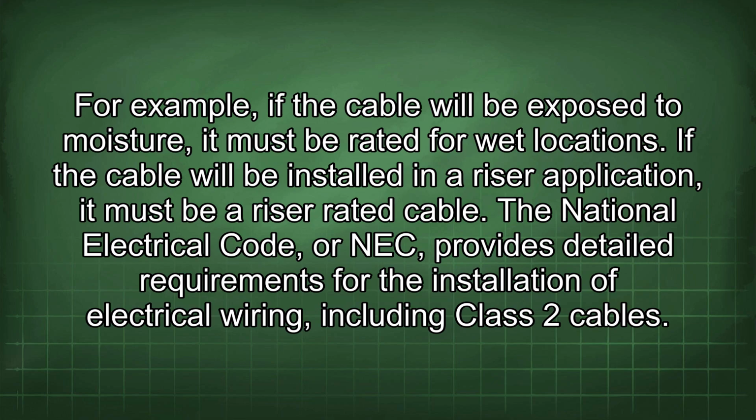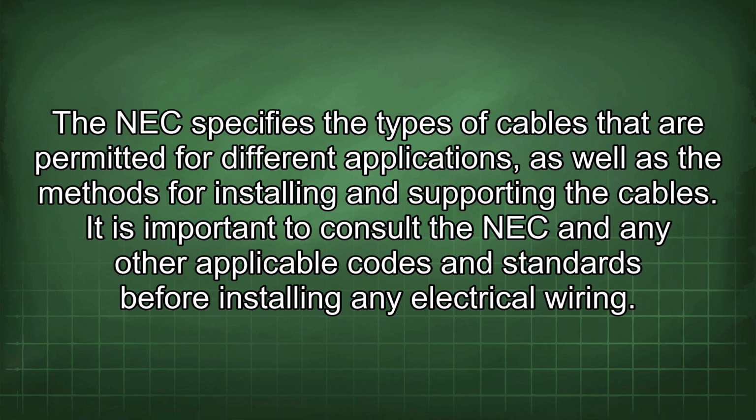The National Electrical Code, or NEC, provides detailed requirements for the installation of electrical wiring, including Class 2 cables. The NEC specifies the types of cables that are permitted for different applications, as well as the methods for installing and supporting the cables. It is important to consult the NEC and any other applicable codes and standards before installing any electrical wiring.